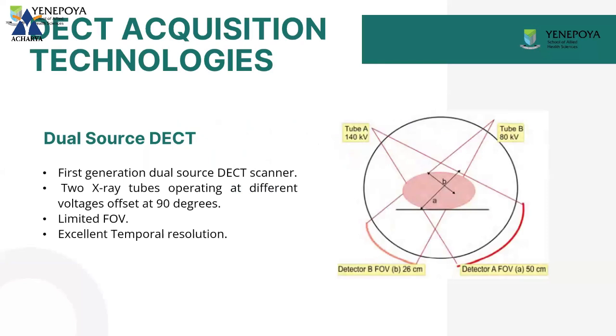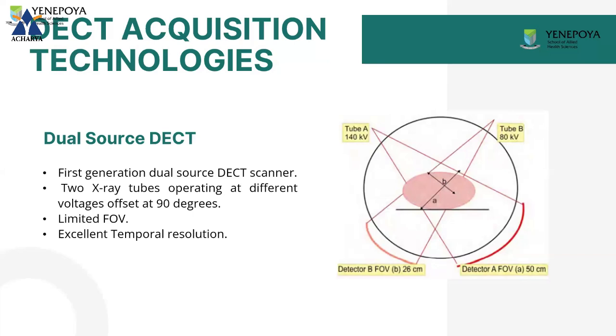So first is dual source, dual energy CT. You will understand why from the term: dual source means there are two X-ray tubes operating at different energy levels. It is one of the very first generation dual source scanners, where two X-ray tubes were used, kept at 90 degrees to each other in the same gantry, but operating at different kVp.